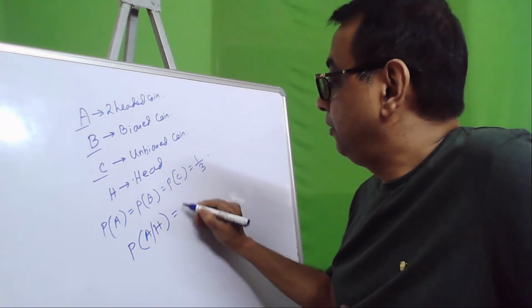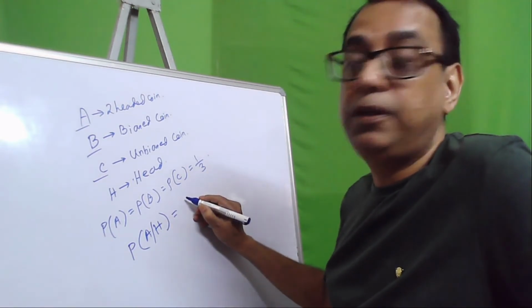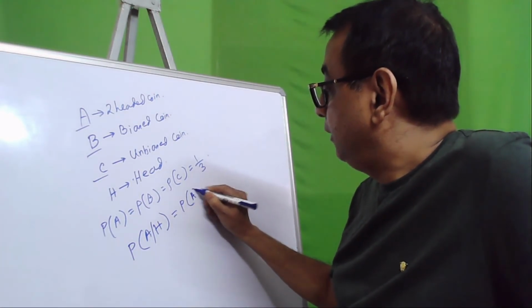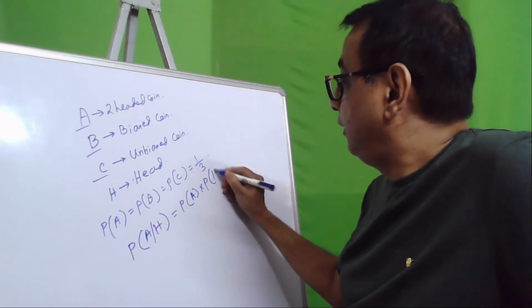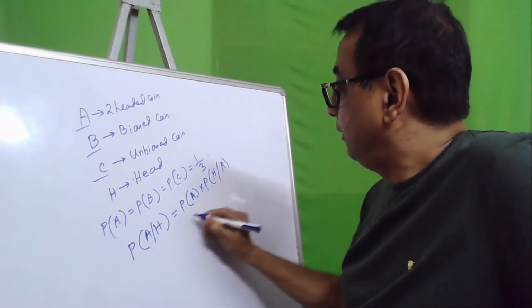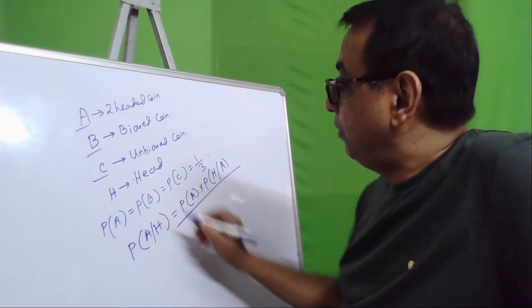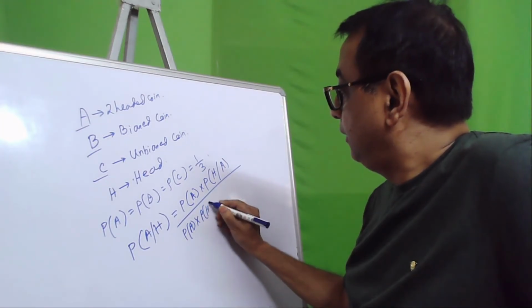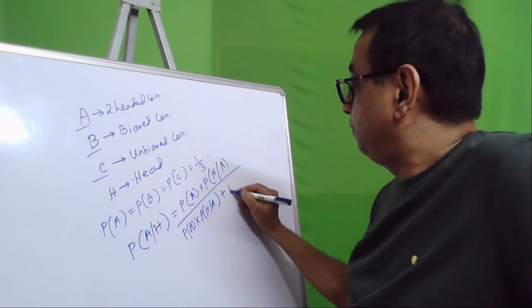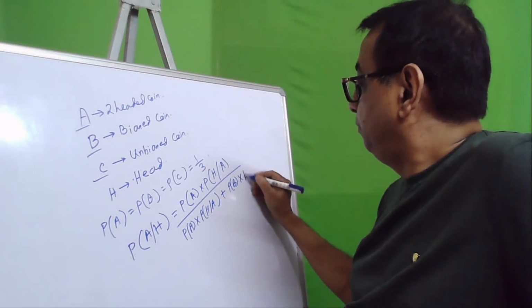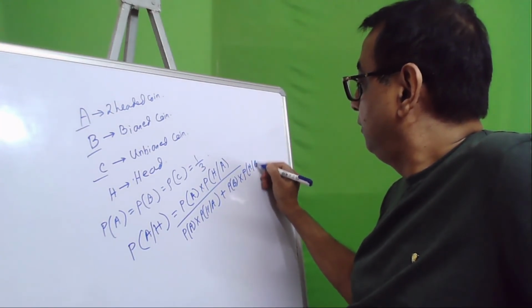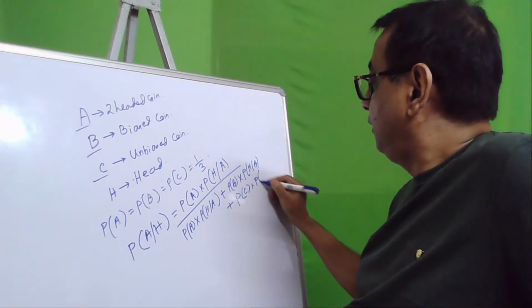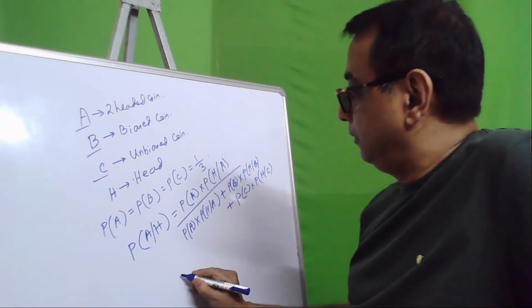So as per Bayes theorem, probability A given H will be probability A into probability of head given A, divided by the sum of PA into PH by A plus PB into PH by B plus PC into PH by C. Okay.